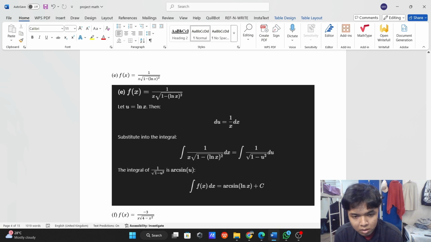The integral of 1 over x times root of 1 minus ln x squared dx will become the integral of 1 over root of 1 minus u squared du. The integral of 1 over root of 1 minus u squared is arcsin u. So it will become arcsin ln x plus c as we substitute ln x into the u.